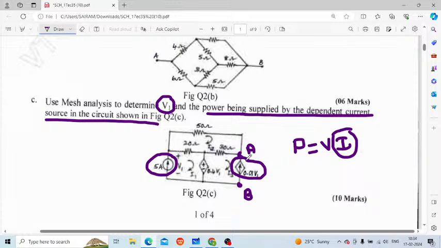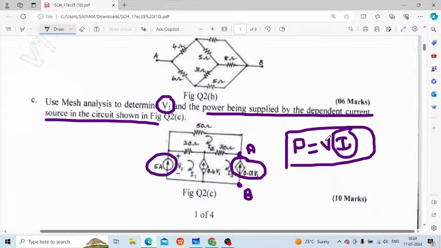So you have to find out the voltage to find out the power. You know the I, that is the dependent source value 0.01 V1, but you don't know what the voltage is, so that is why you have to find out the voltage.